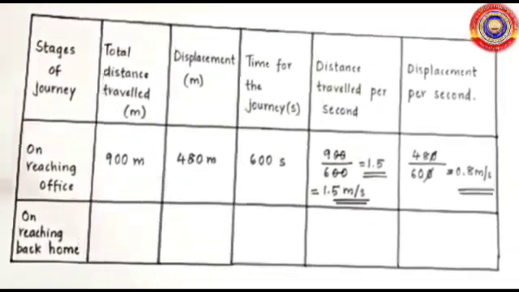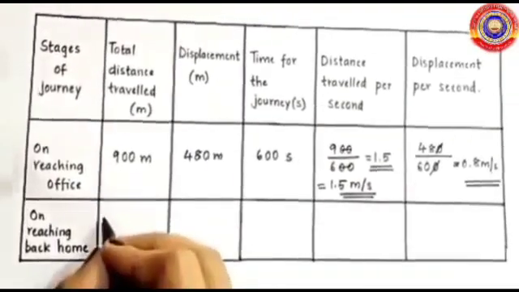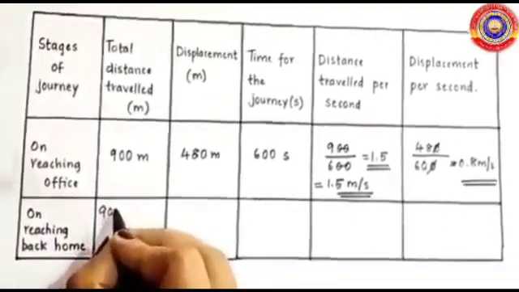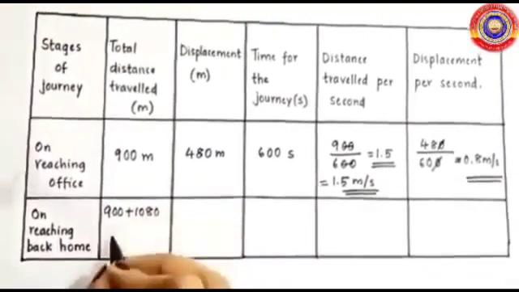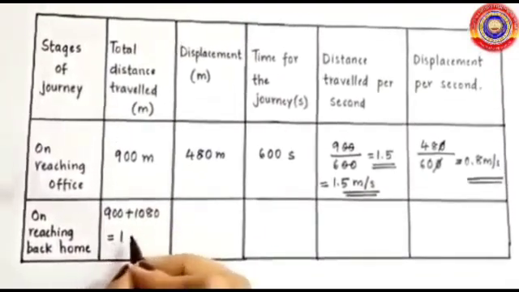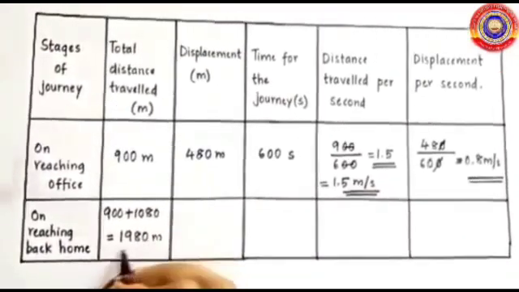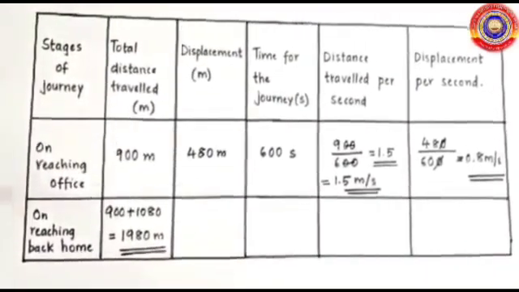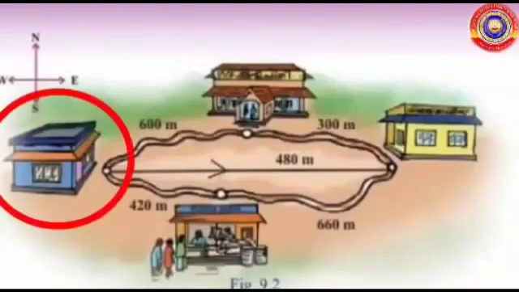Like that, let's find the distance and displacement while he returns to his home. The total distance he travelled on his complete journey is 900 meter plus 1080 meter, that is equal to 1980 meter. The displacement here is 0 because the initial and final point are the same.